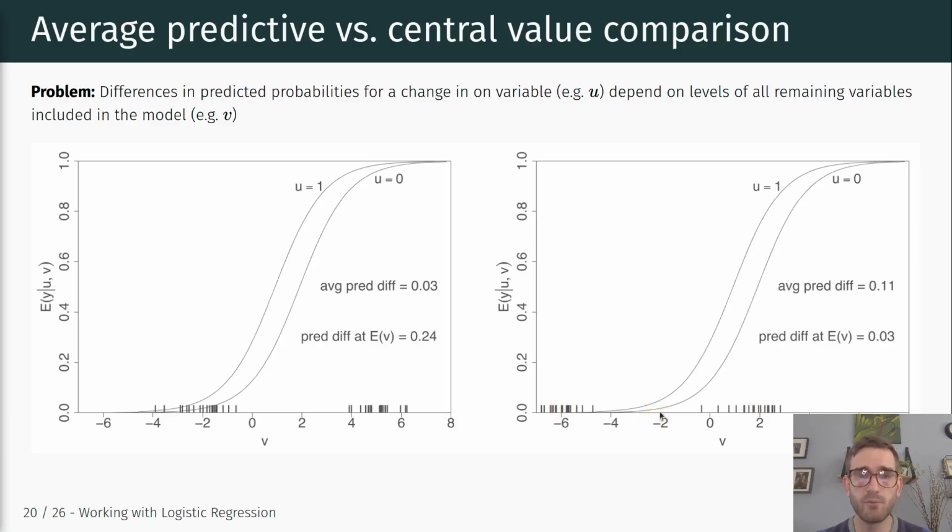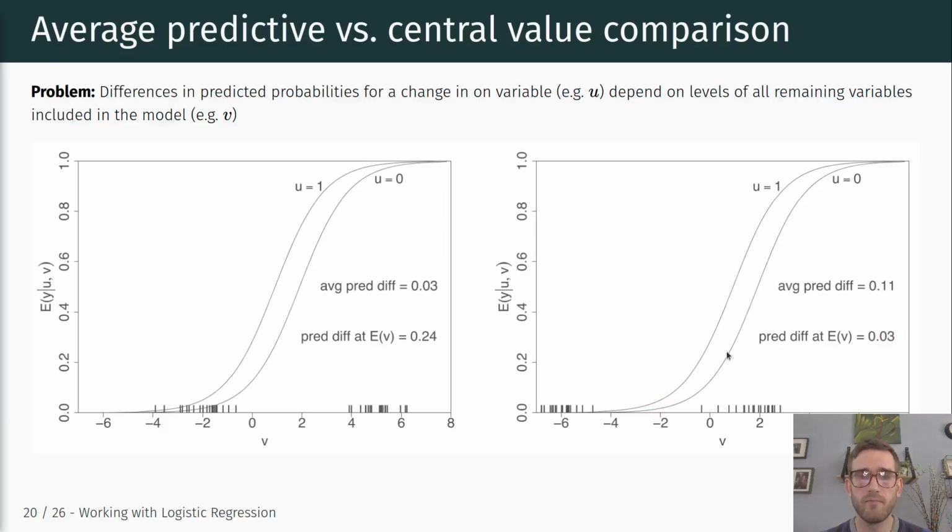If we look at the predicted difference for u equal to 1 or u equal to 0 at the expectation of v, we see that because we're at the end of this logistic curve, this is a much smaller change in the difference in the predicted probabilities. So this value is much smaller.